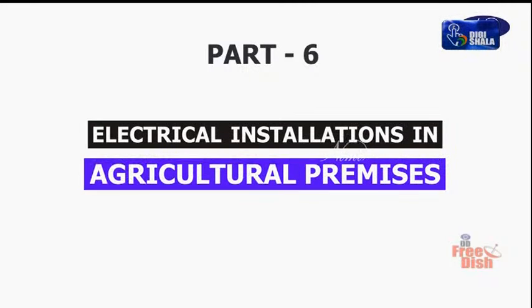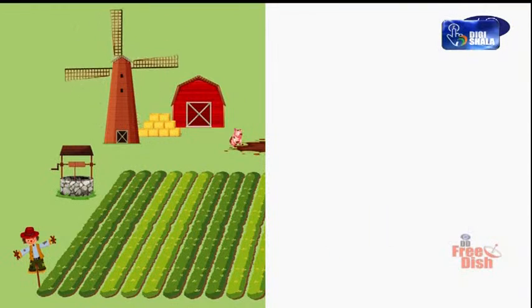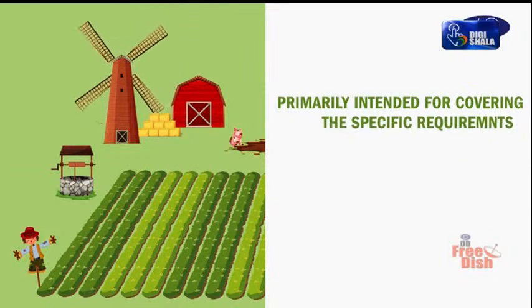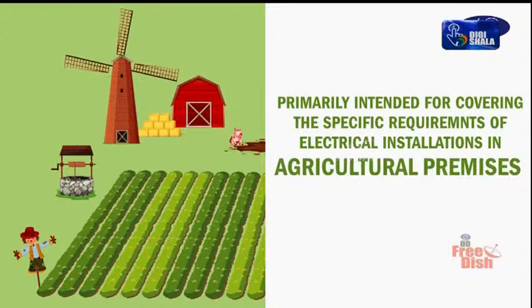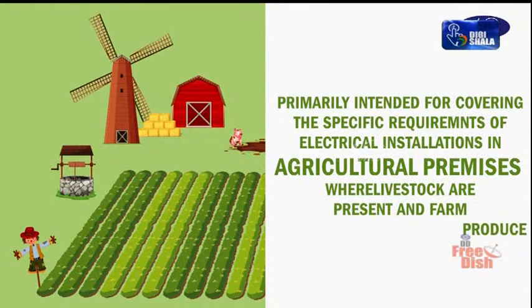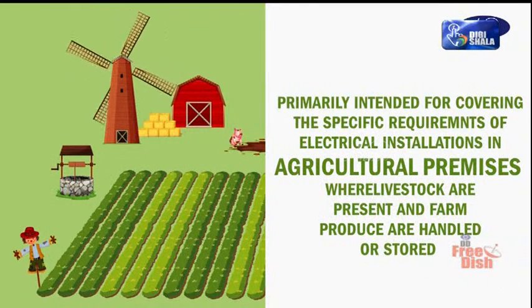Part 6. Electrical installations in agricultural premises. This part of the code is primarily intended for covering the specific requirements of electrical installations in agricultural premises, which include premises where livestock are present and farm produce is handled or stored.